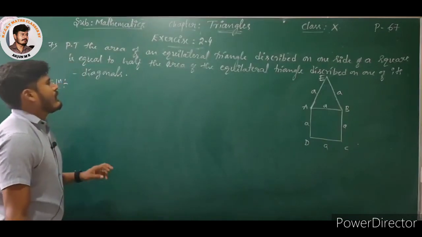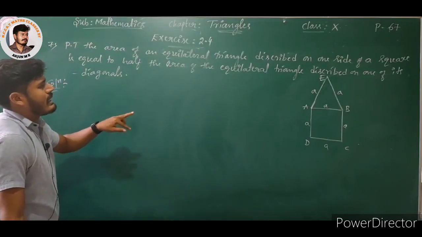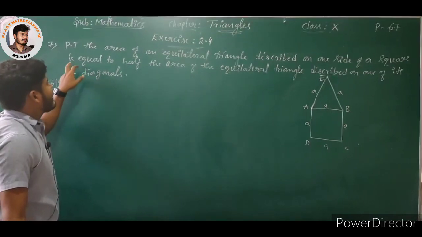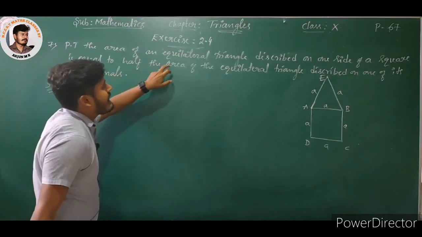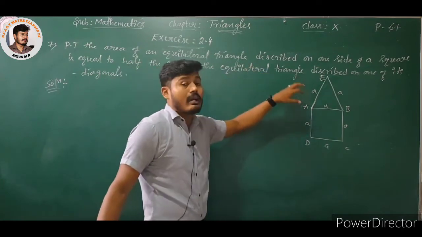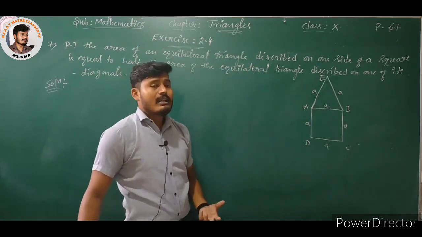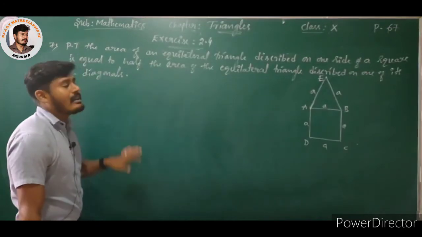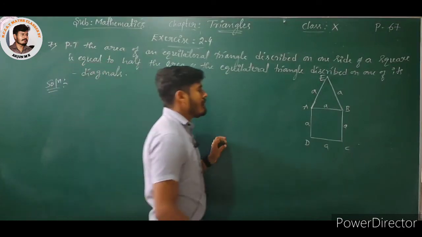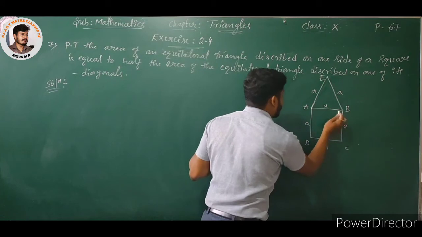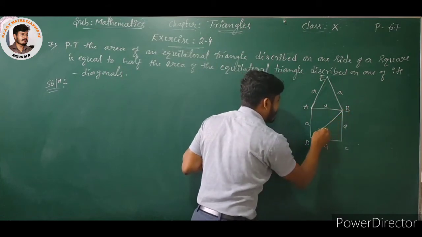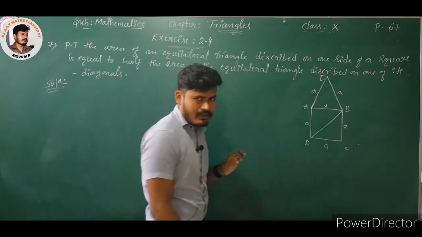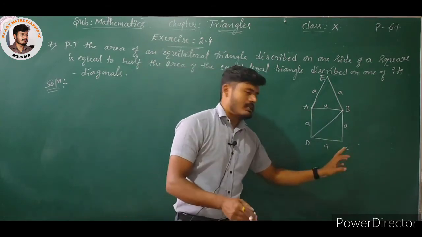So now they have given here one more triangle in this problem, that is equal to half the area of an equilateral triangle. One more equilateral triangle is there, the triangle described on one of its diagonals. We know that in this particular square we have 2 diagonals. I would like to draw a diagonal here, or you may take down this one also.